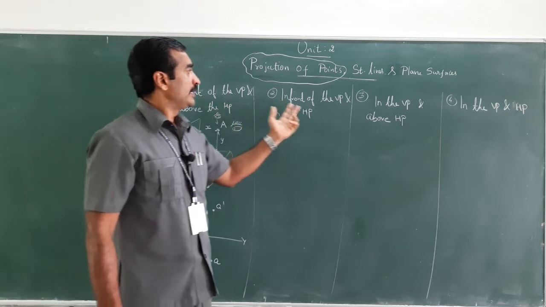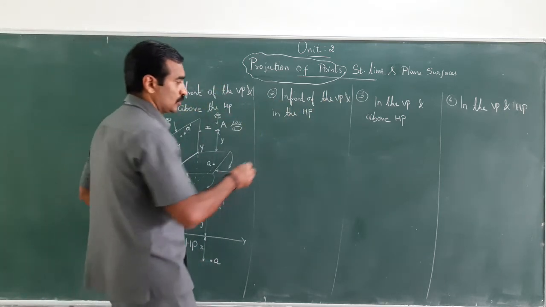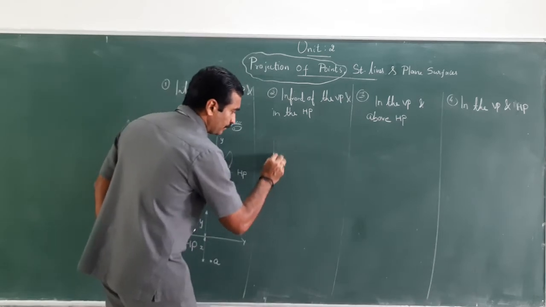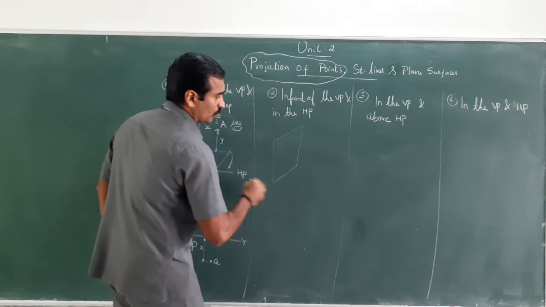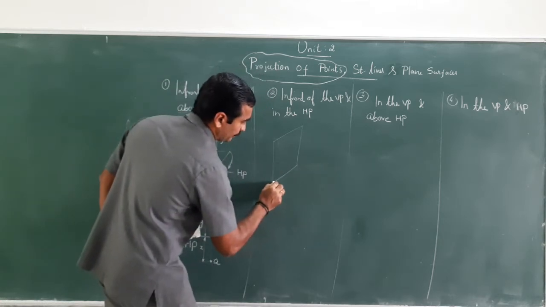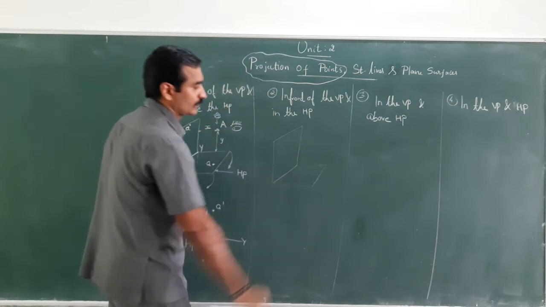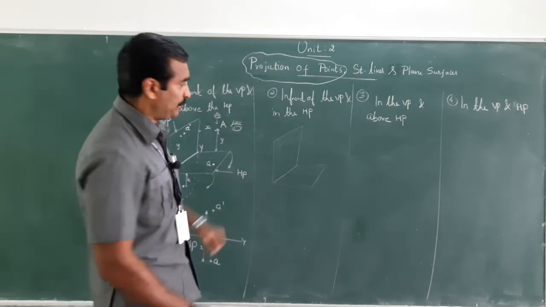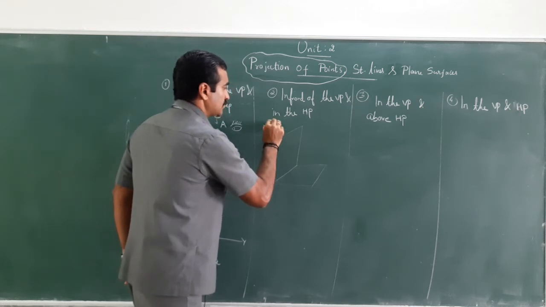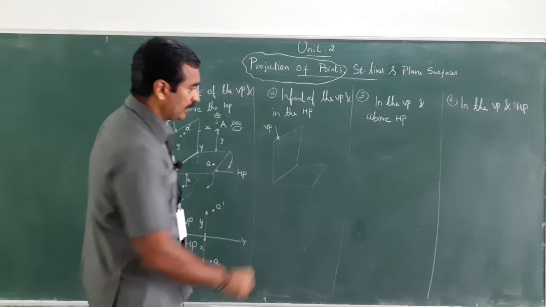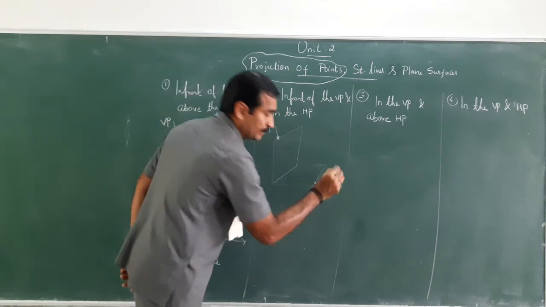Let me just move to the second condition. What it says: in front of VP and in the HP. So let me draw the quadrant, the first quadrant, to explain in a better manner. So this is VP, right? This vertical plane can be denoted as VP, and the horizontal plane can be denoted as HP.